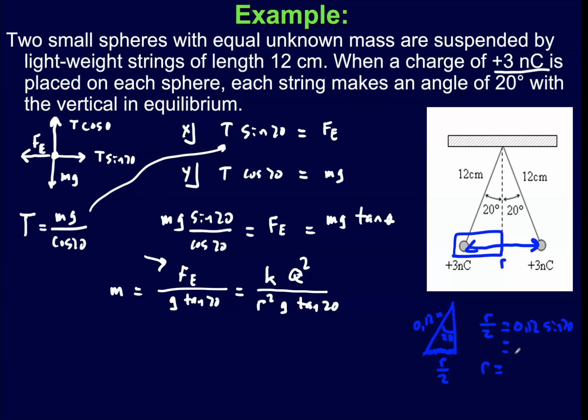When I pull up my calculator, I get 0.041, and then when I multiply that by 2, I get 0.082. So again, that's going to be put in over here. Everything else we know in this particular problem. And when I did this, I got a mass of 3.37 times 10 to the negative 6 kilograms.